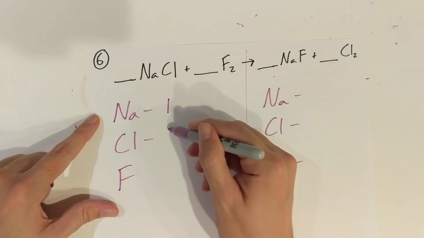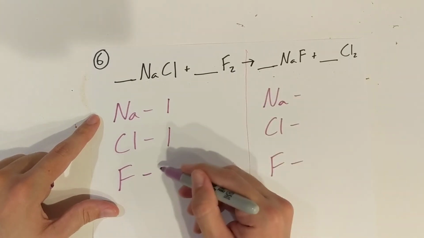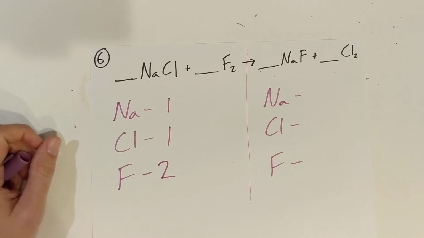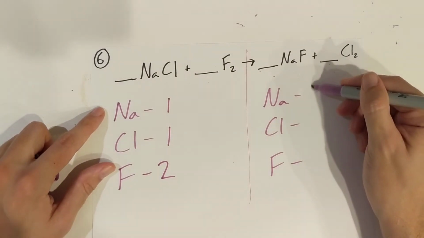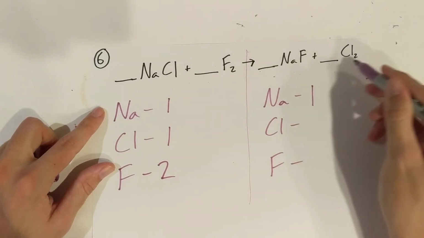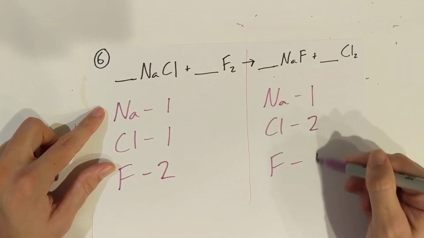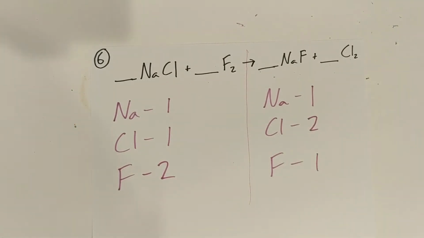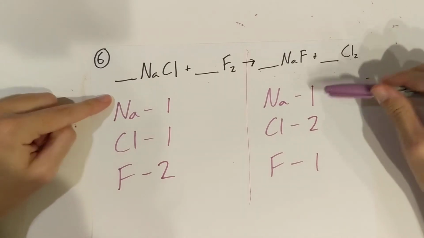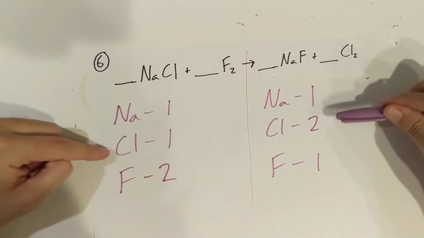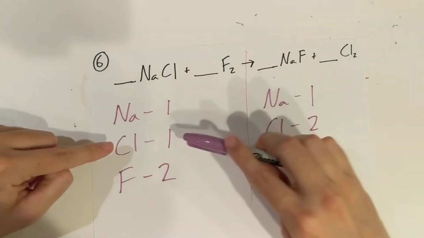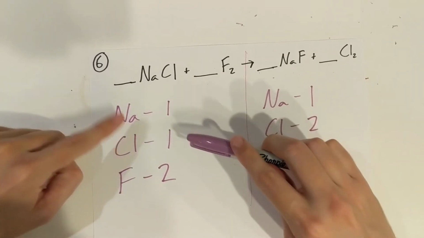One sodium, 1 chlorine, 2 fluorine. And on this side, we got 1 sodium, 2 chlorine, and 1 fluorine. All right, so our sodium are balanced. Our chlorine, we got less chlorine on this side, so we got to add chlorine on our left side.